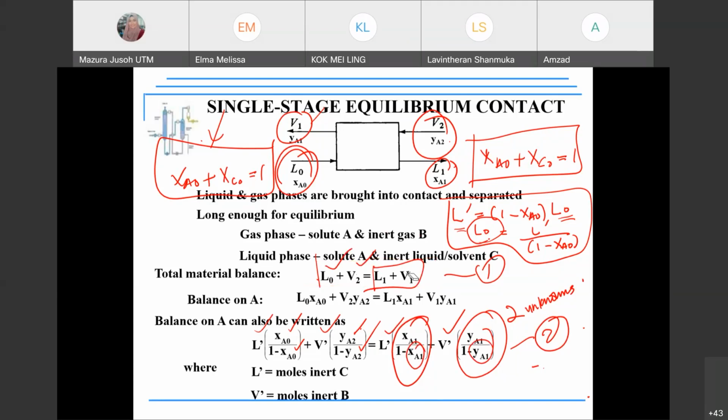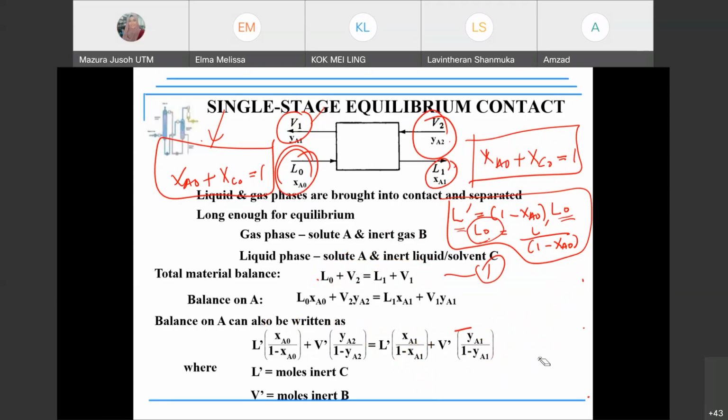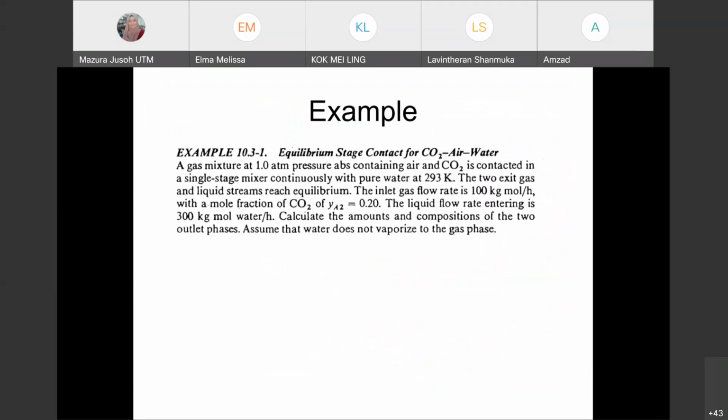So let's look at a question where we can apply this principle. This is example 10.3-1 in your textbook. I'll just go briefly because you only have about 10 minutes to cover this.